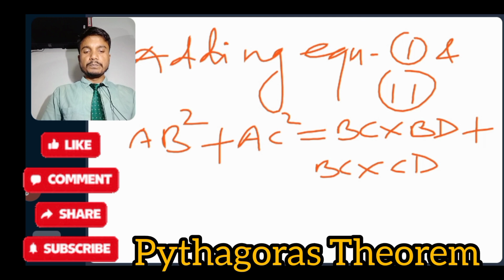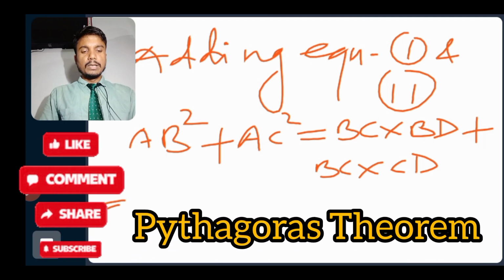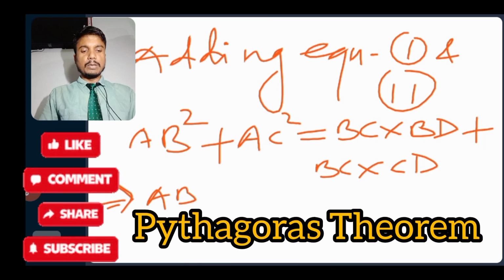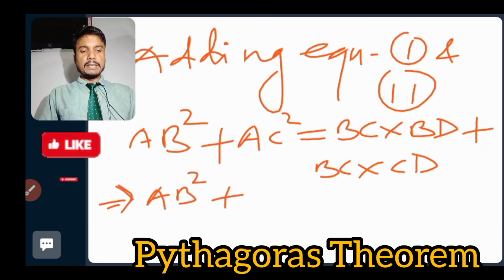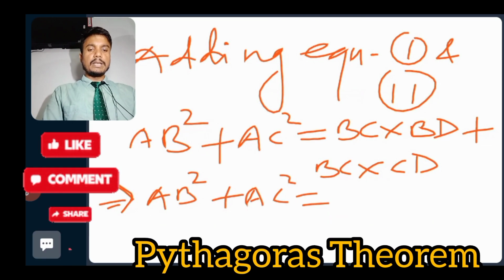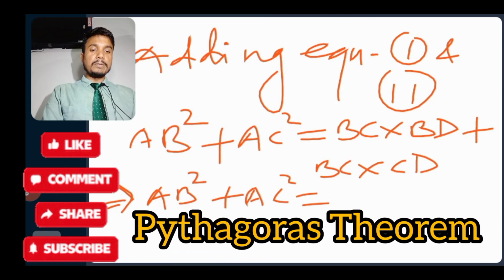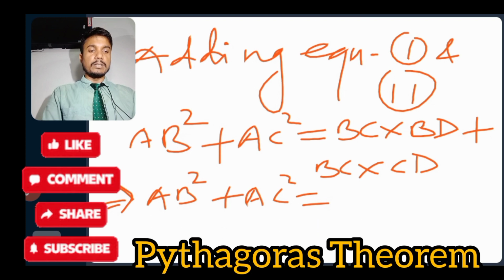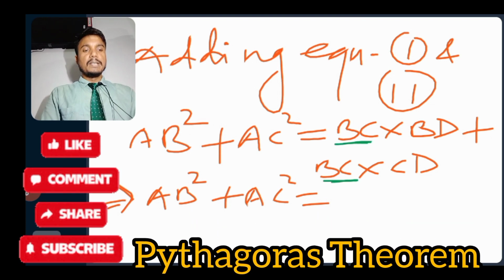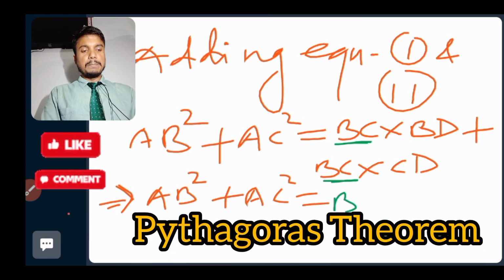Now here, AB square will be as it is, plus this AC square will also be as it is, equal to, if you see the RHS part here, you have got BC and BC. It means we can take BC as common.